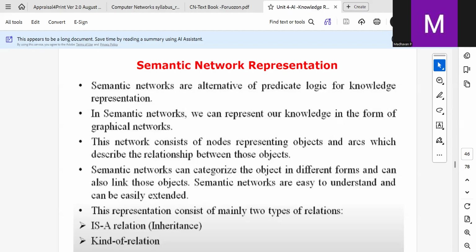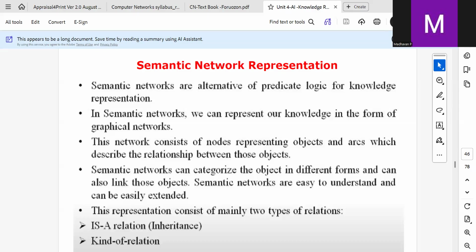The second kind of representation is the semantic network representation. So the knowledge can be represented using semantic network also. An alternative way of propositional or predicate logic for the representation of knowledge.